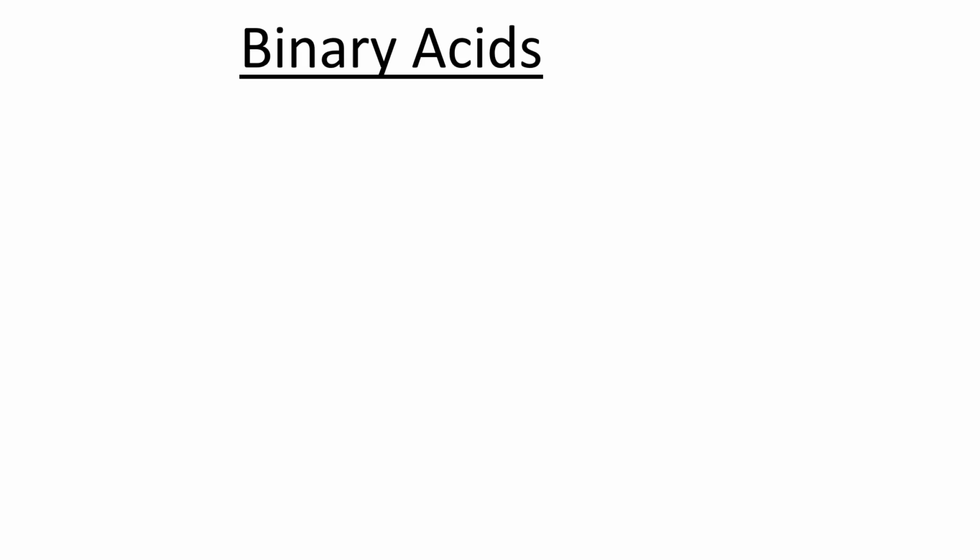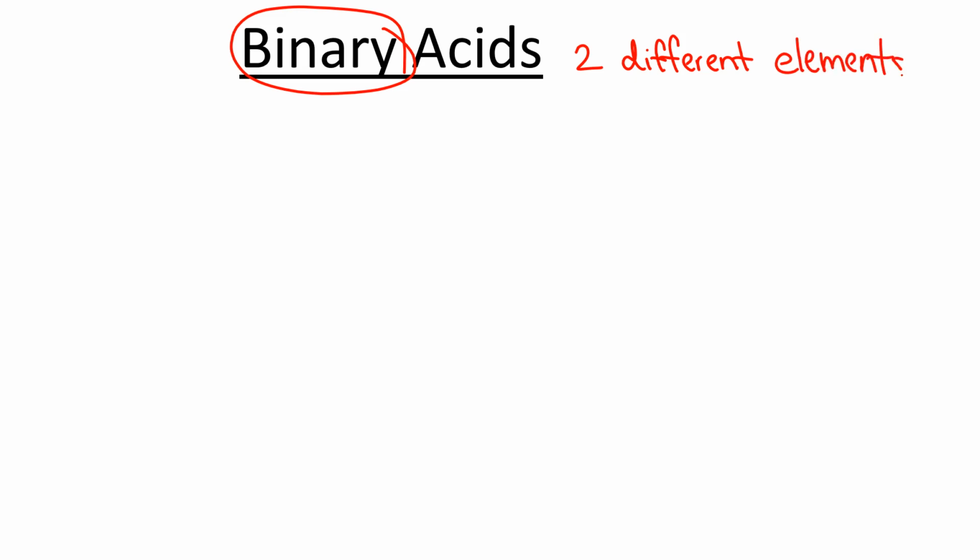All right, so as I said before, there's two different classes of acids. It's either binary. If it's a binary acid, what does binary tell us? What does bi tell us? 2. All right. So a binary acid is going to contain two different elements.